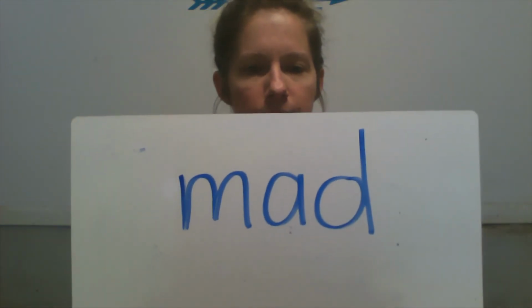All right, ooh, this is a good one. Sound it out. That's my air conditioner, I'm sorry. So instead of hearing my dogs barking, you hear my air conditioner cutting on.